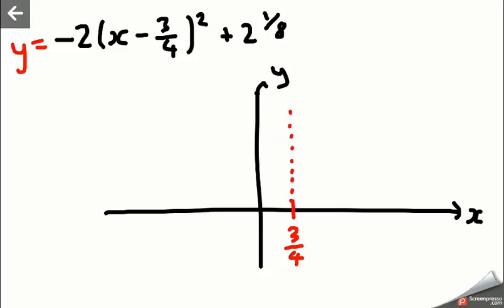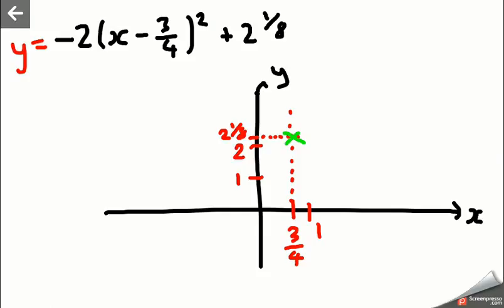So y must be 2 and 1/8. So here's 1, by the way. And here's 1, here's 2, and then that is 2 and 1/8. Hopefully you can read that. So our parabola's turning point is right there when x equals 3 over 4 and y equals 2 and 1/8.